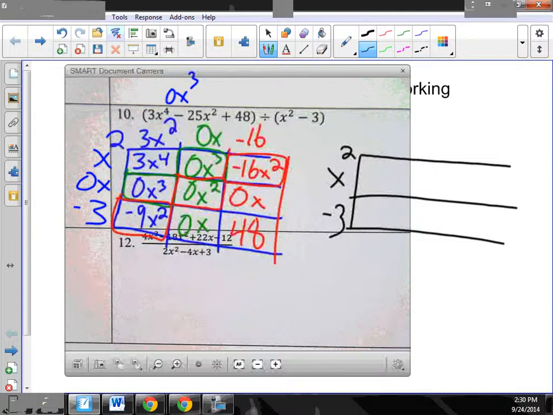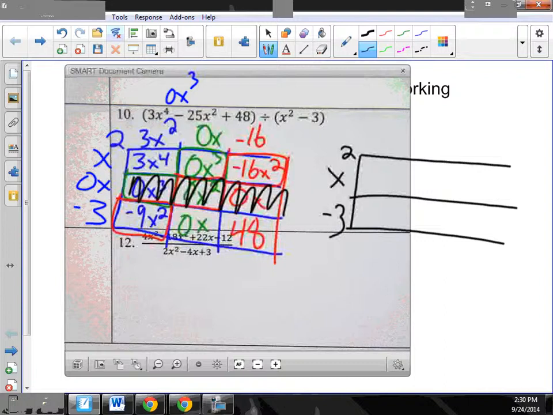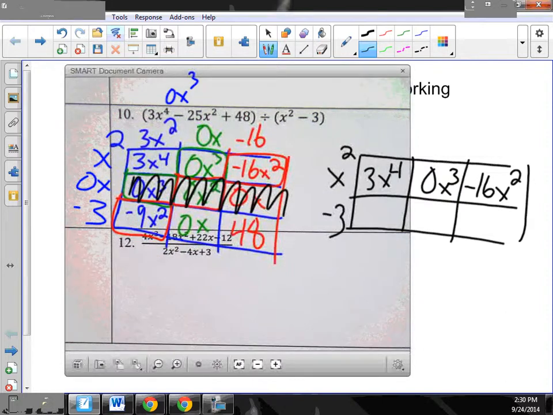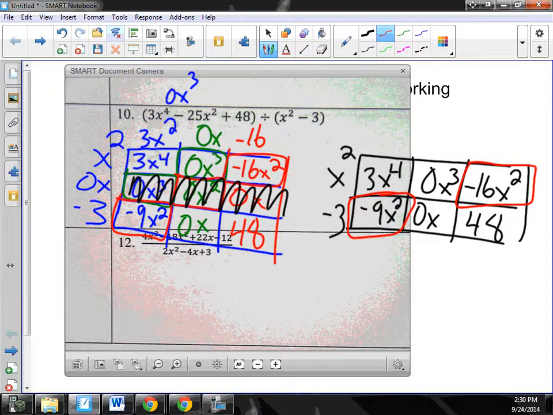So, well, if we delete this row, now the diagonals, so if we, well, so 3, let me write it out. You're still going to have a 0 column, either way you do it. Okay. And then negative 9x squared, 0x, and 48. So, this term matches that term, which is a pain.